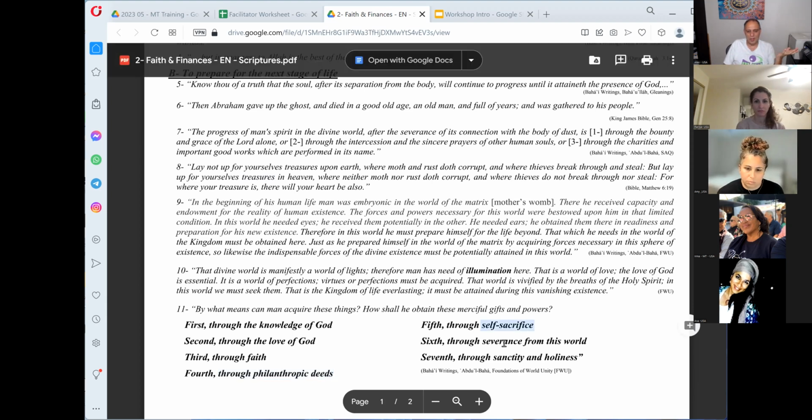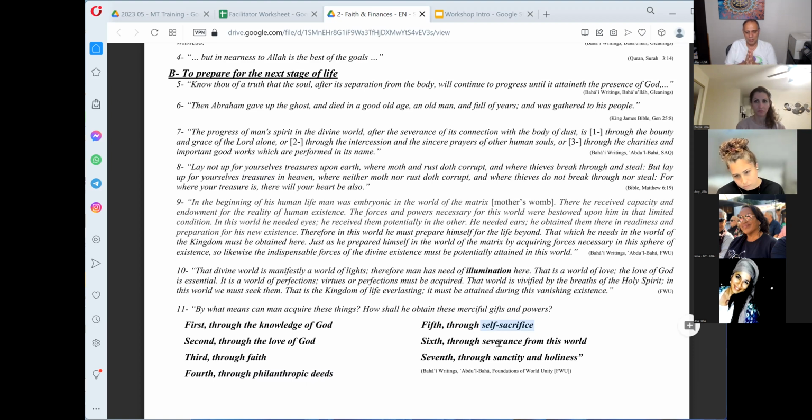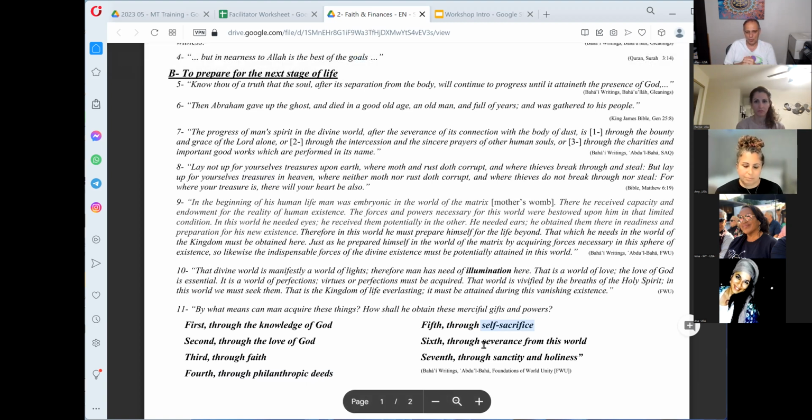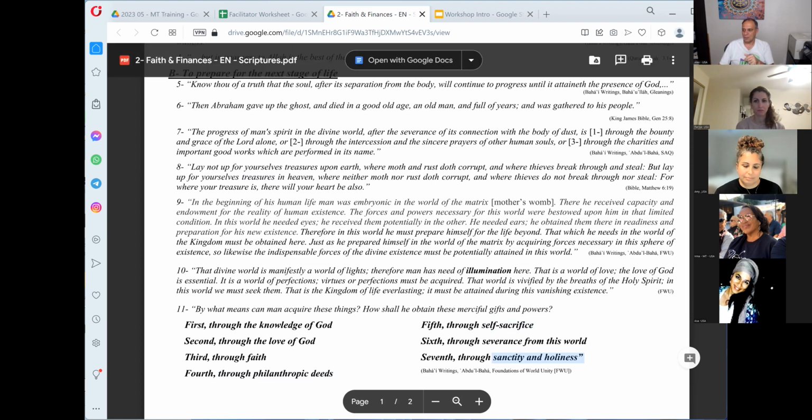Sacrificing whatever we can, whether it's our time or our material stuff, it's up to the individual. Becoming severed from this world, which is detachment from this world, and becoming sanctified and holy, which means that we develop our treasures. We continue to discover and develop our character traits.